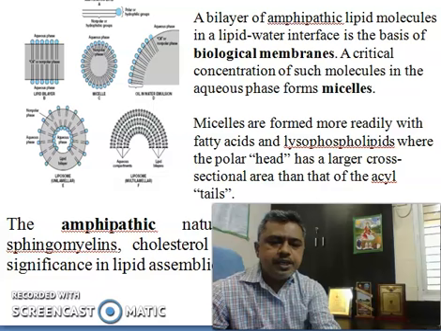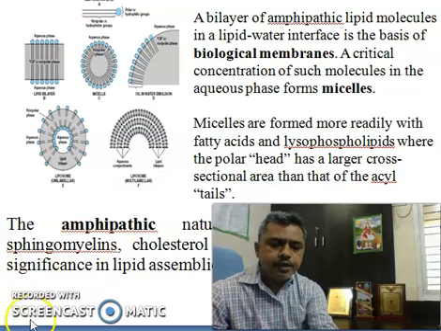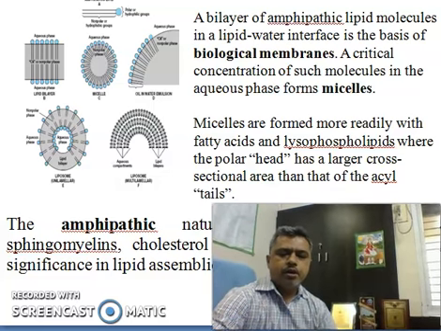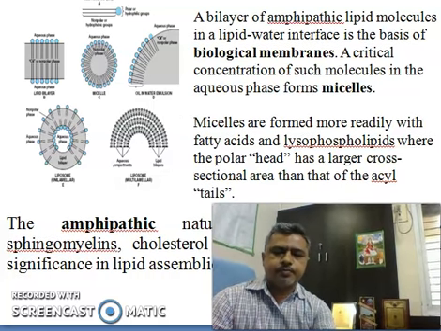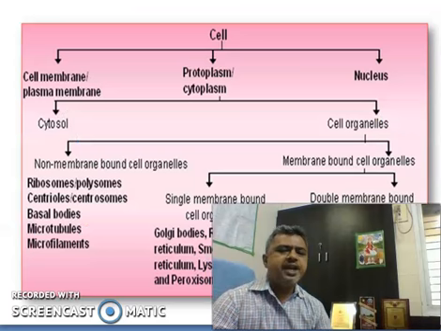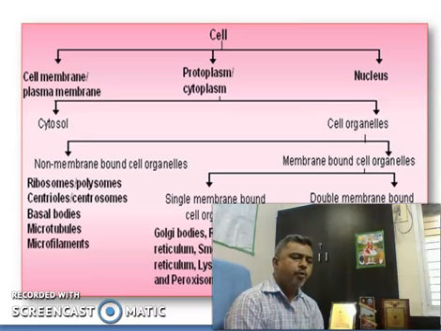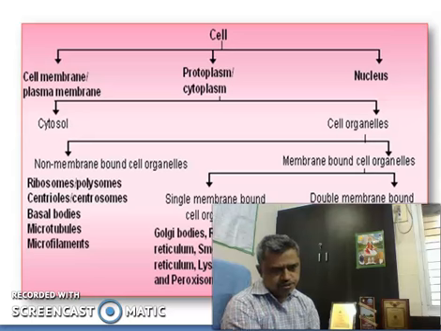Now we will see what are the organelles, how many types, and what are the cell membranes, protoplasm, and nucleus, or various organelles having different kinds of membrane structures.